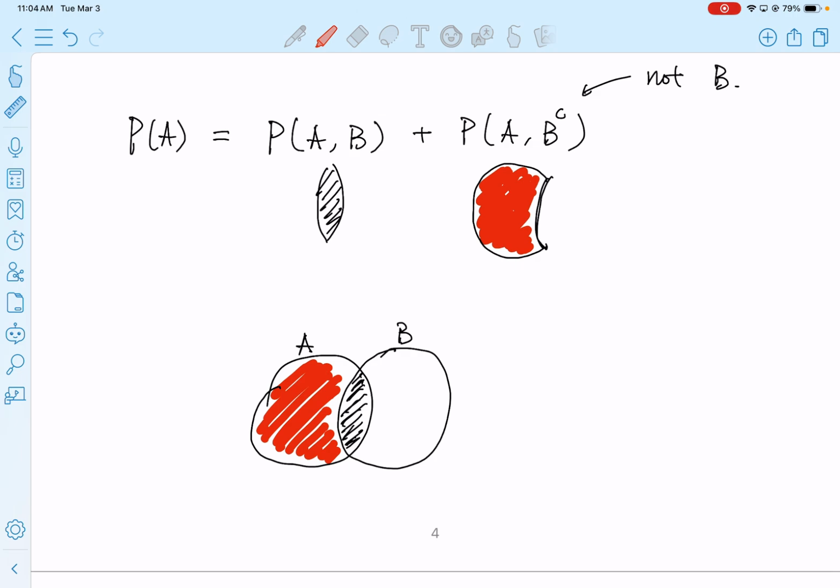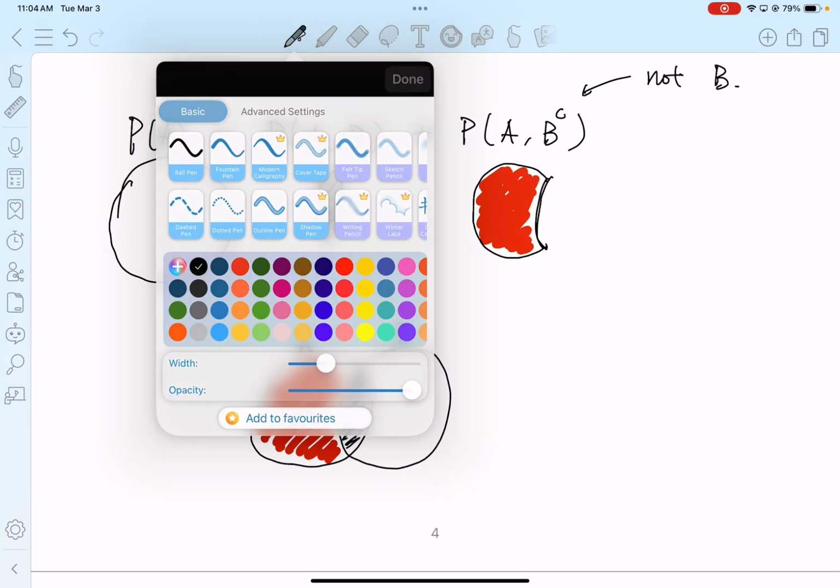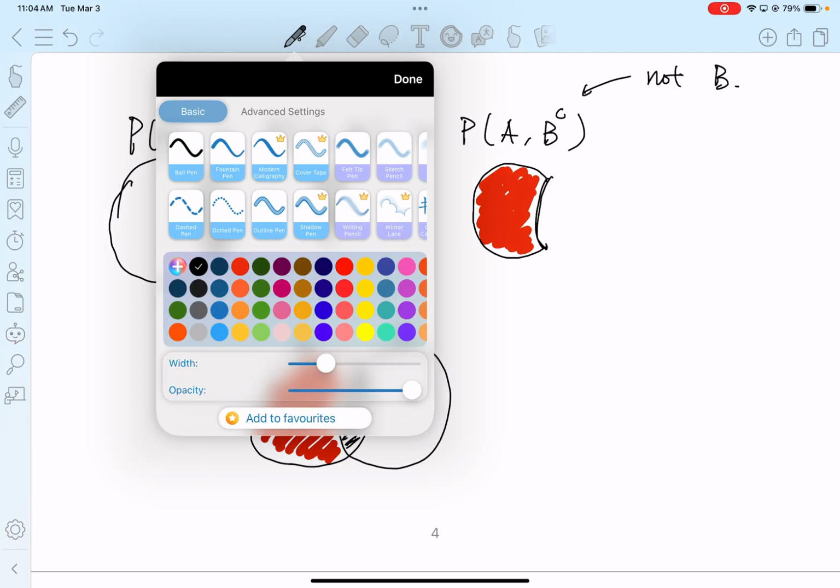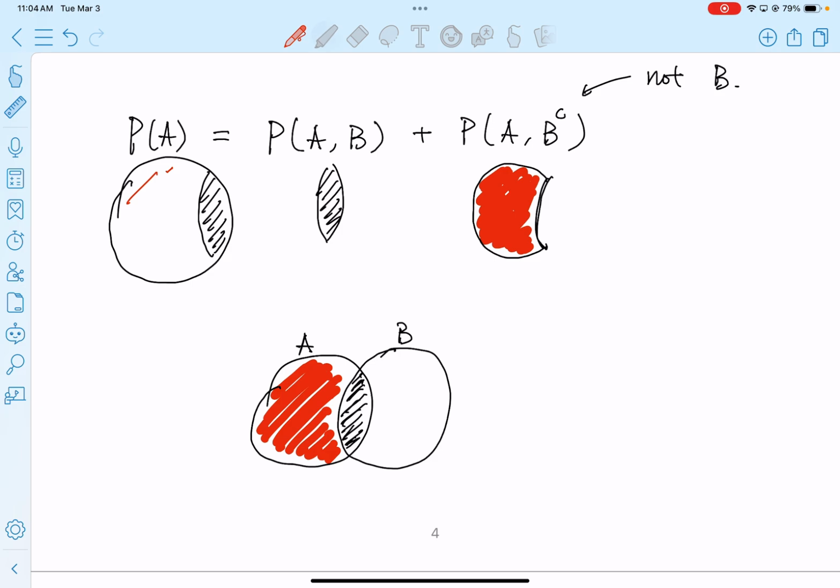When B is not happening, or not B, that means the region outside the circle of B but where A is still happening, which is the red region. And this is equal to the left-hand side. So this is the whole circle for A, with the black part and also the red region.